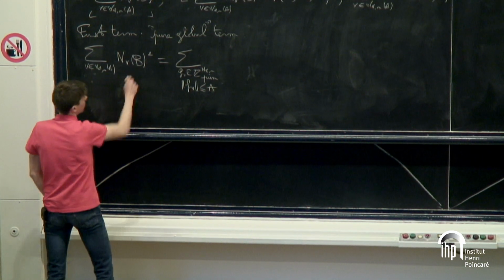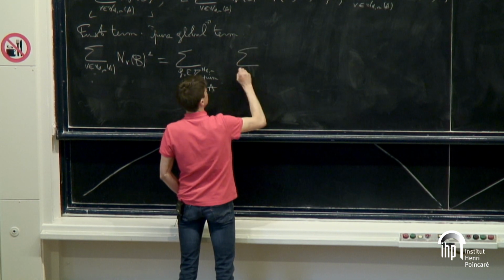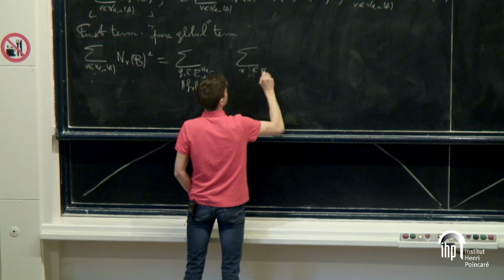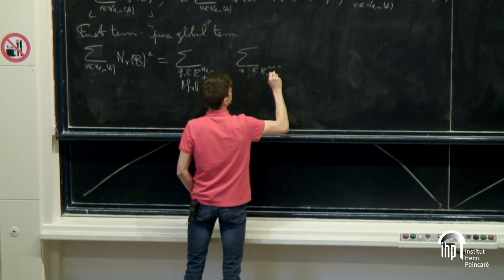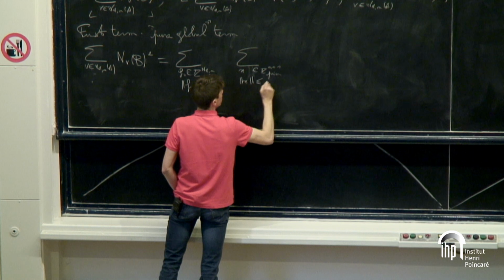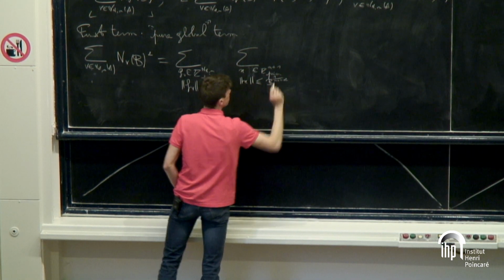And what is NV of B? So it's the number of rational points of bounded height on V. So I can write it explicitly as the sum over x in Z to the n plus 1 with a primitivity condition. And the norm of x is at most B to the 1 over n plus 1 minus d.